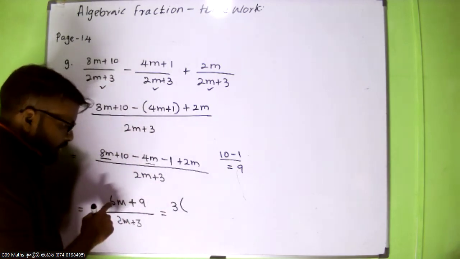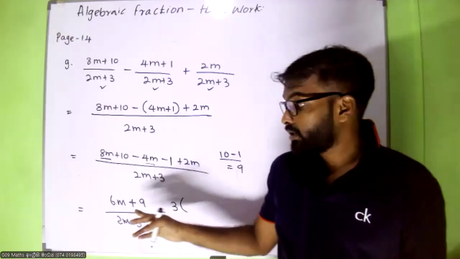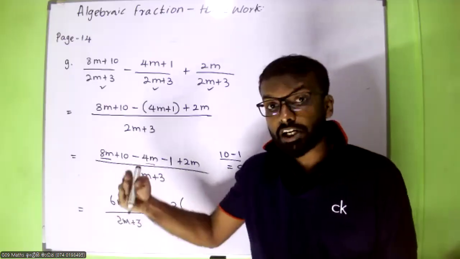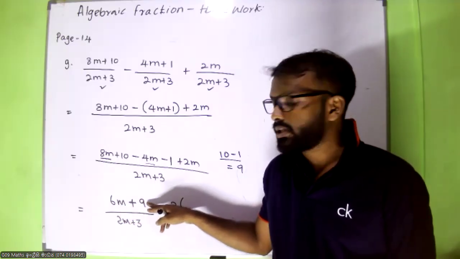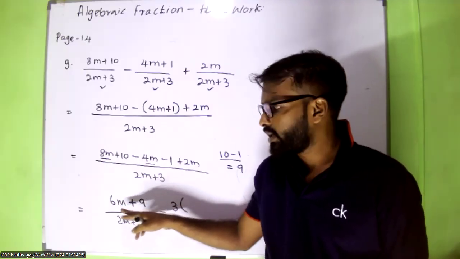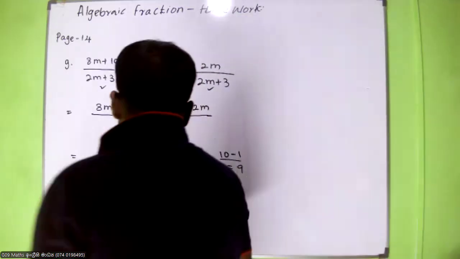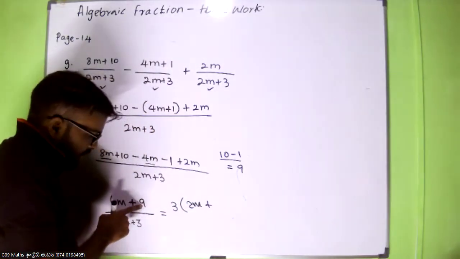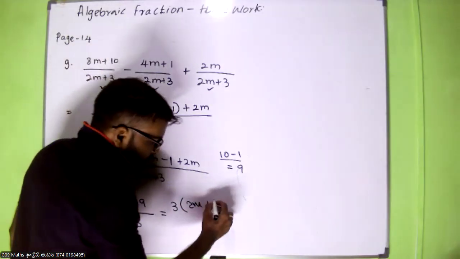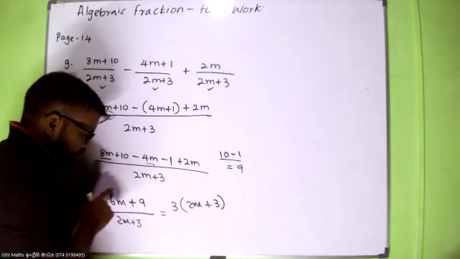If you are going to take the common term out, that means you are going to divide this full term by 3: 6 divided by 3 is 2m, plus 9 divided by 3 is 3. That means 3 times 3 is 9, 3 times 2 is 6.